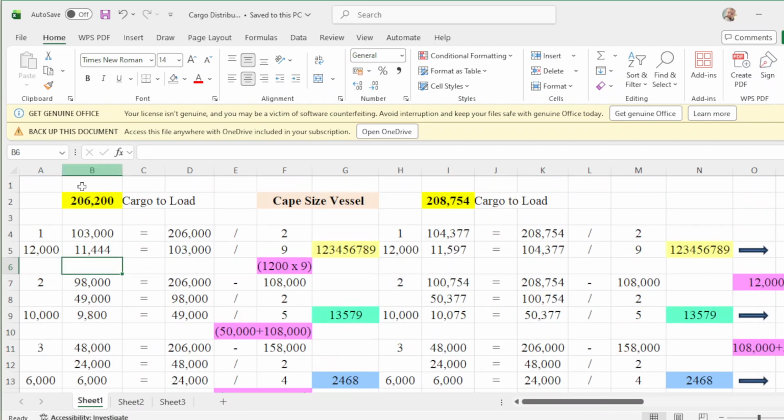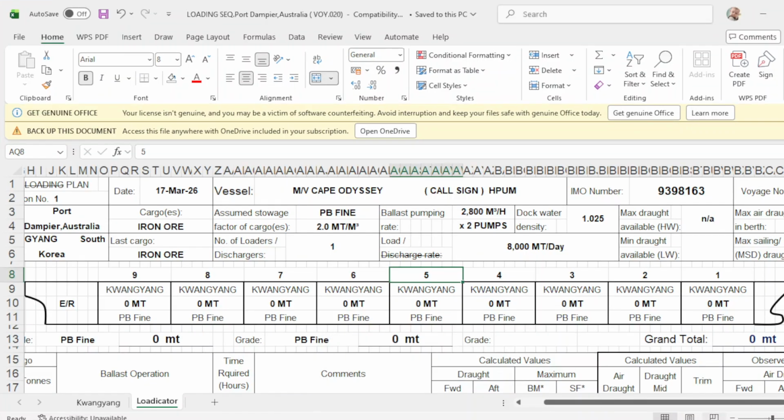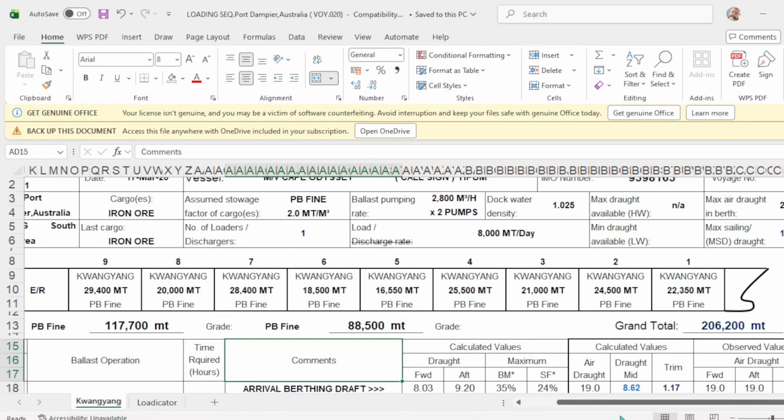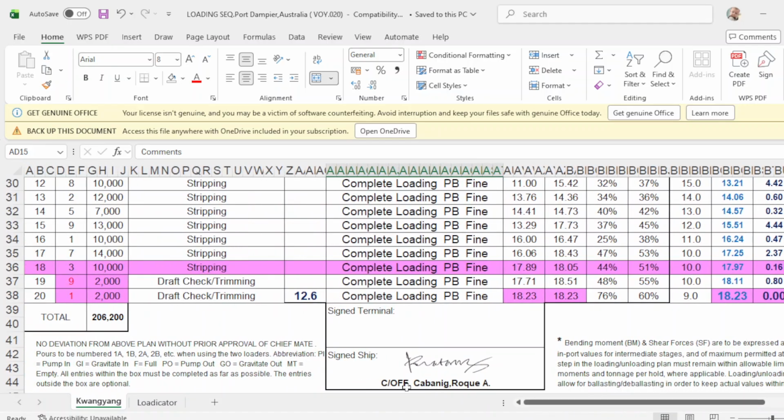Then I have here a program or a sequence procedure. Our total amount of cargo is 206,200, and our trimming hold is 109.